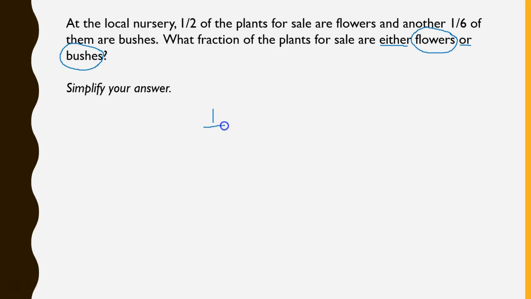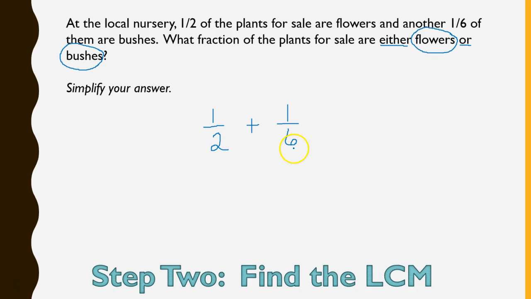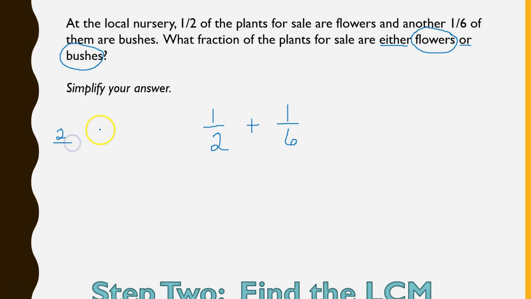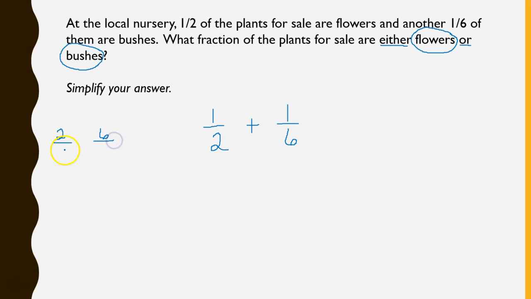So we have 1/2 and 1/6. And again, denominators are different, so we have to find the least common multiple. So we're going to take these numbers over here. Eventually, you'll be able to do some of this in your head.